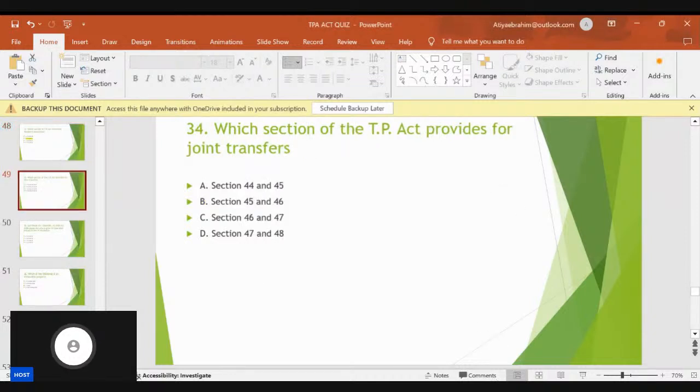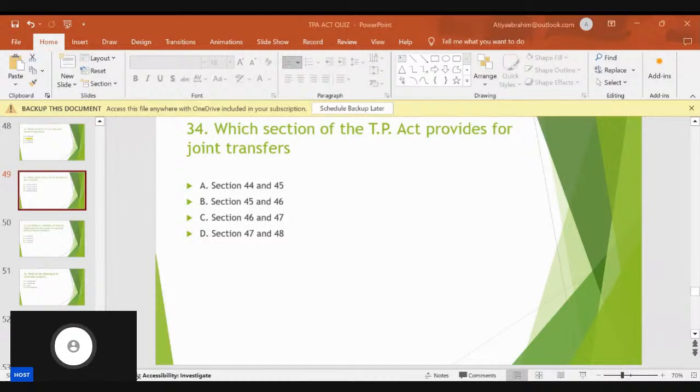Which section of TP Act provides for joint transfer? For 34, you people are saying A. A, that is 44 and 45.